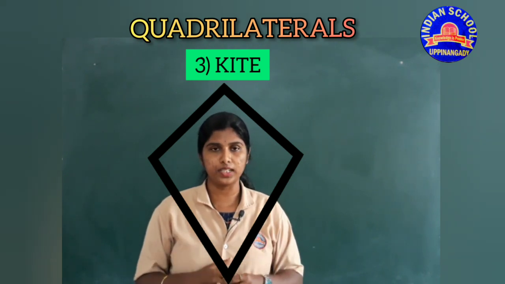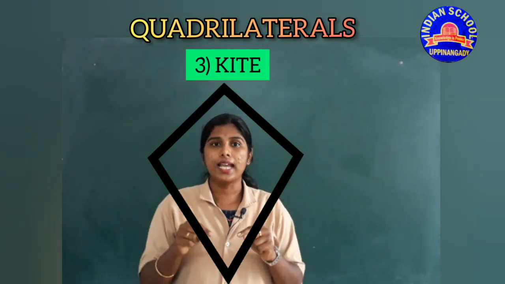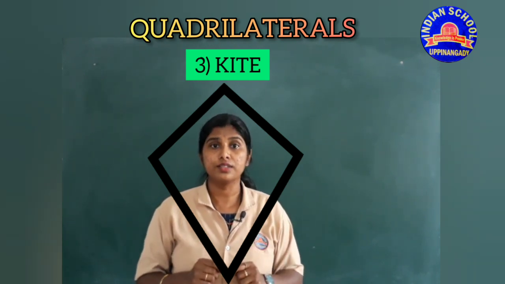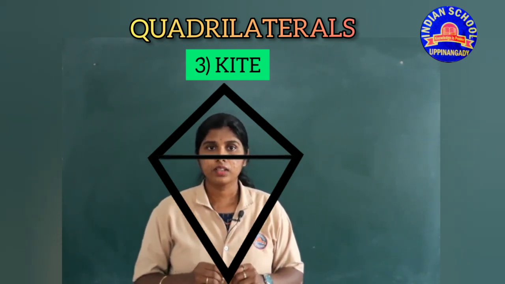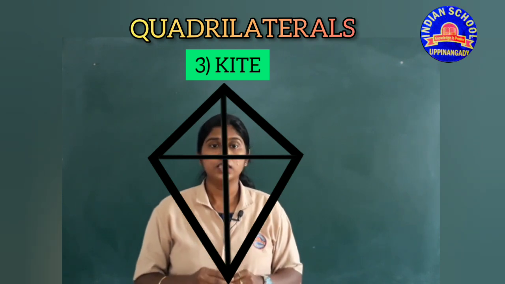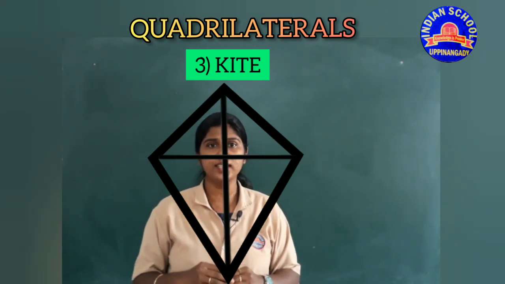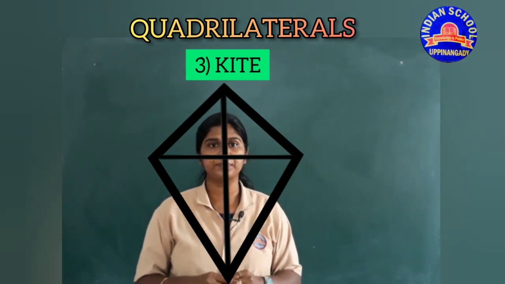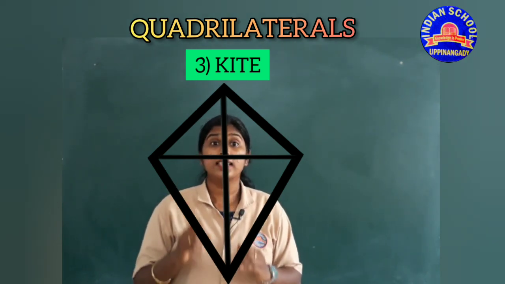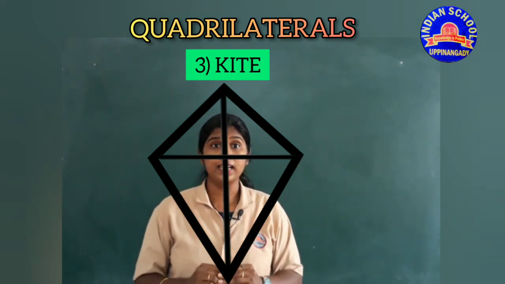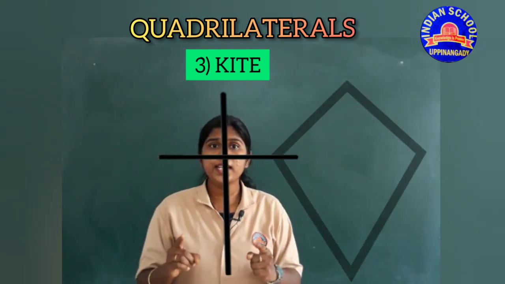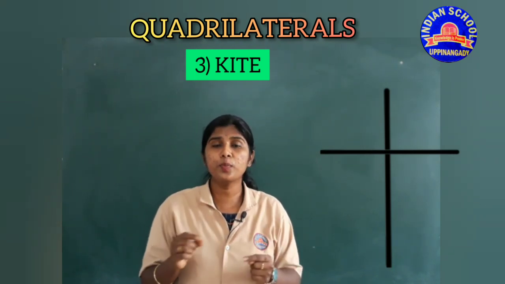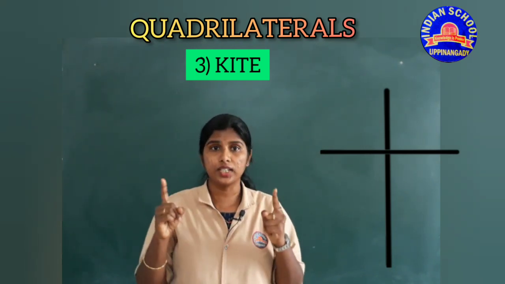Let's see that property. That is about the diagonals of the kite. Here we can draw two diagonals, the first diagonal and the second diagonal. The first diagonal is shorter and the second diagonal we have drawn is longer. Here the longer diagonal is perpendicular to the shorter diagonal.